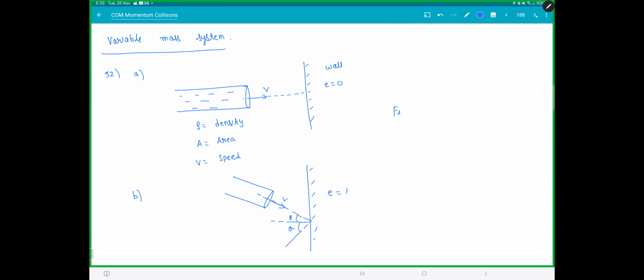In both the cases, find the force acting on the wall. These things we will again encounter in fluid mechanics, but yeah, these things are important, a bit of an idea.